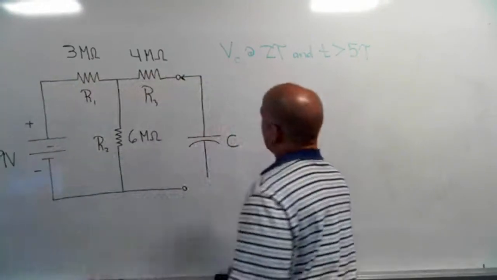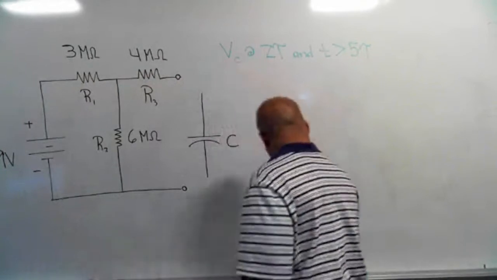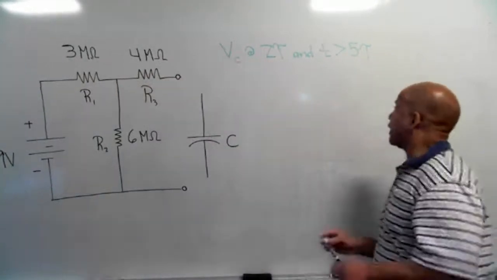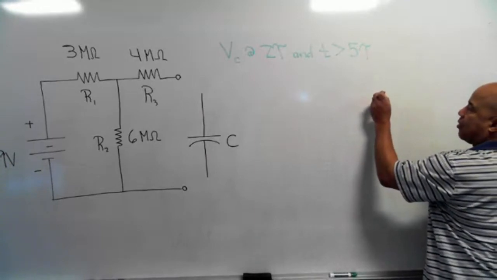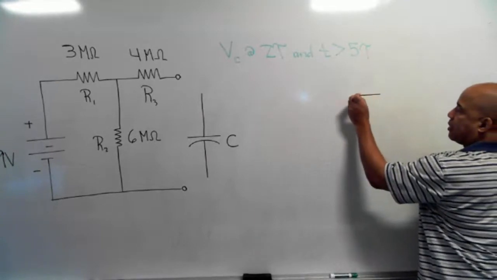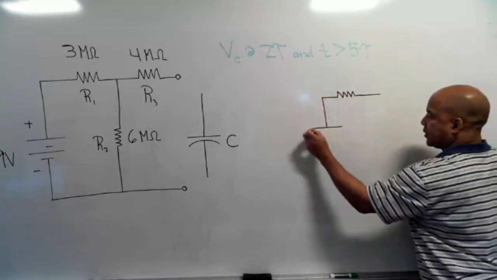So I want to walk through the steps of Thevenizing the circuit. We're going to make that circuit look like a Thevenin circuit, which happens to look like the RC circuit that we've been working on. So I need values for VTH and RTH.